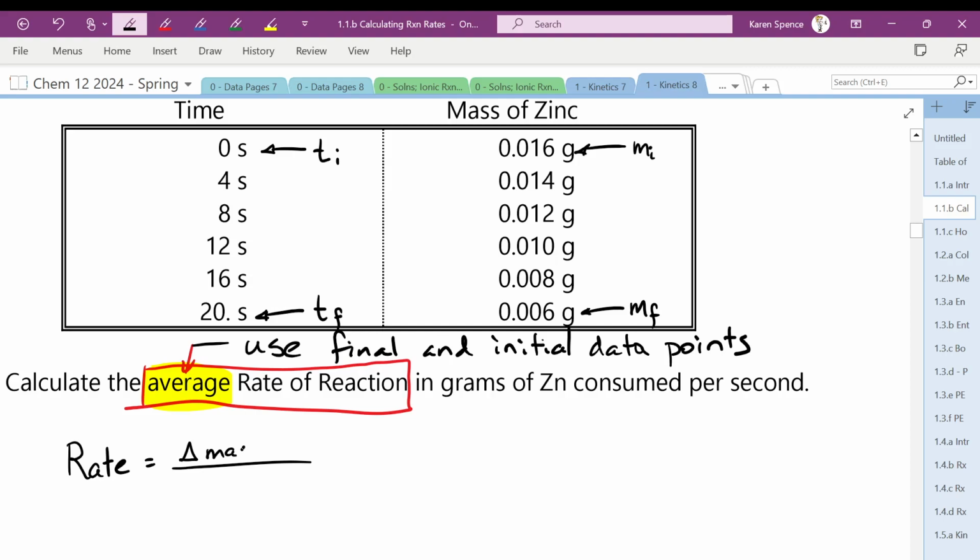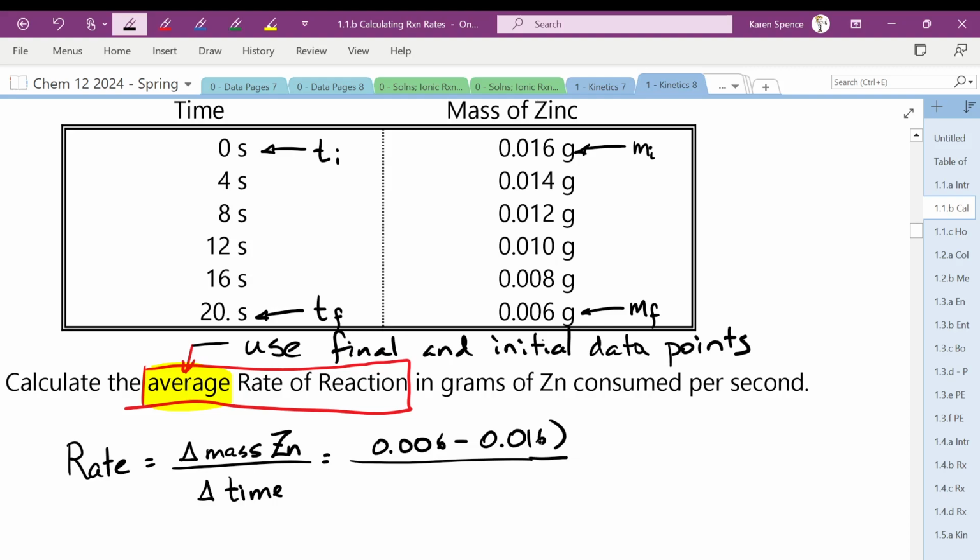Change in the mass of zinc over the change in time. Then we're going to take our final value, 0.006. Now, if you don't want to write grams here, you could do it like this: 0.006 minus 0.016.